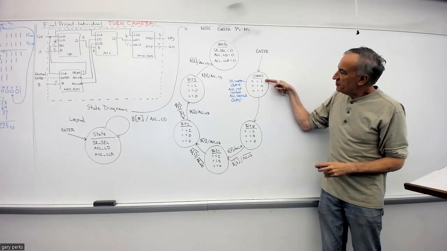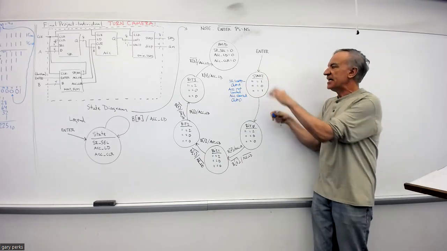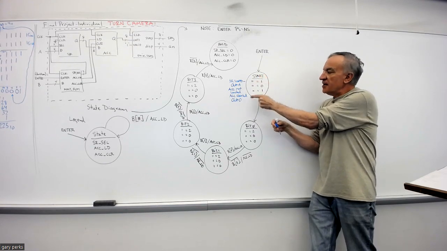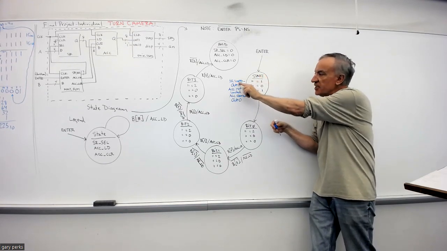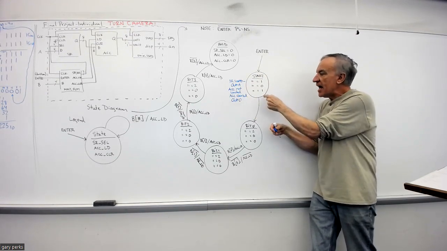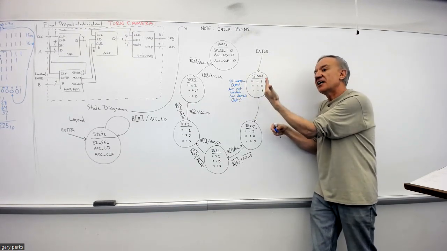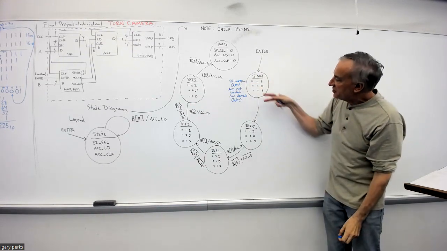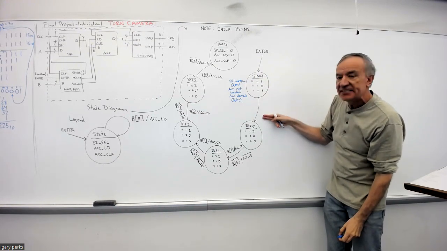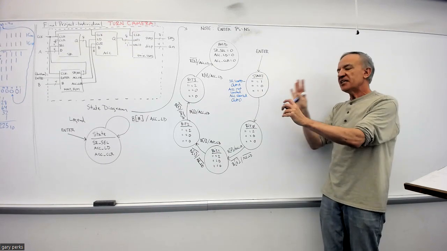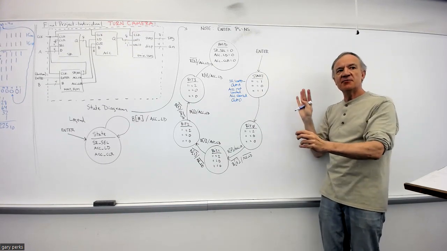So even though these values get set in this state, the loading of the shift register and the clearing of the accumulator don't happen until the next clock edge after these values have been set. So you see the clear and the load actually happen on this transition. And you'll see what that looks like in the timing diagram coming up.